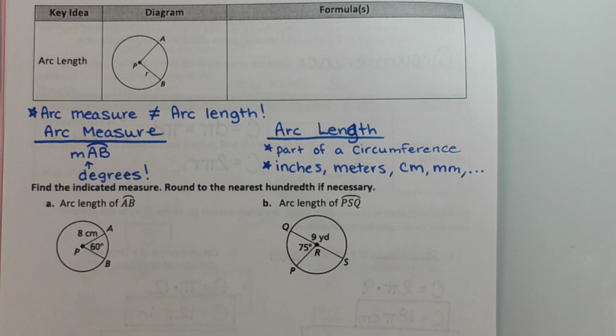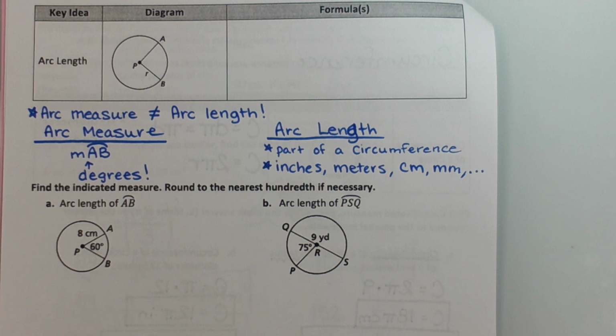Now, being part of a circumference, really, the formula itself just tells me, well, how much of the circumference do you want? If I want half of the circumference, circumference is pi times diameter. If I want half of that, I put a half in front of it.